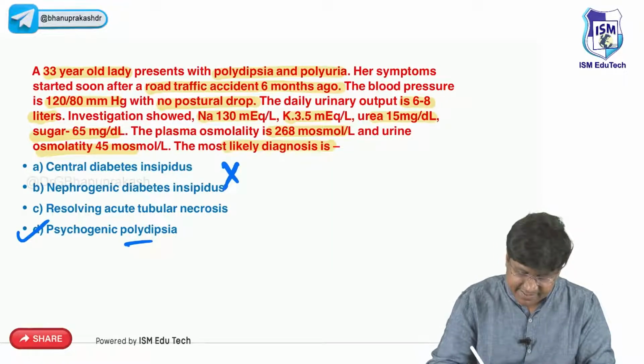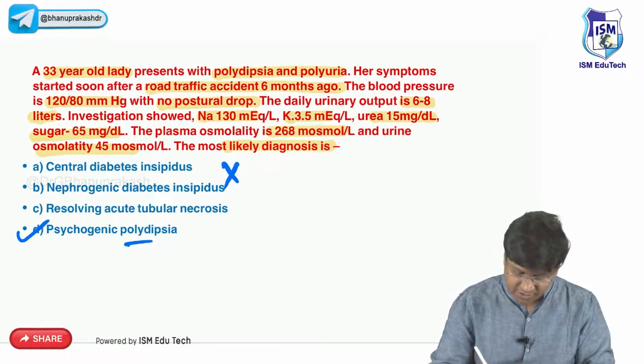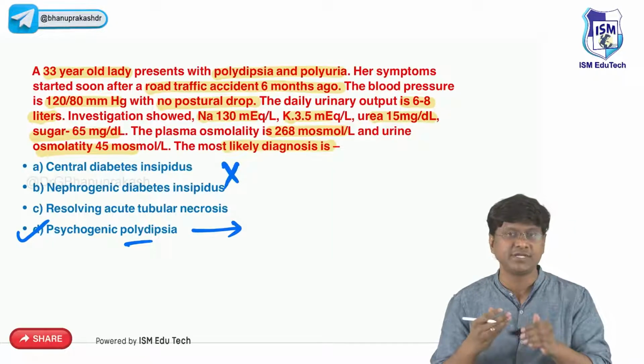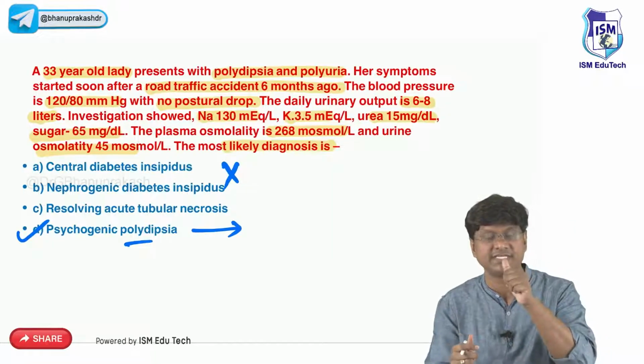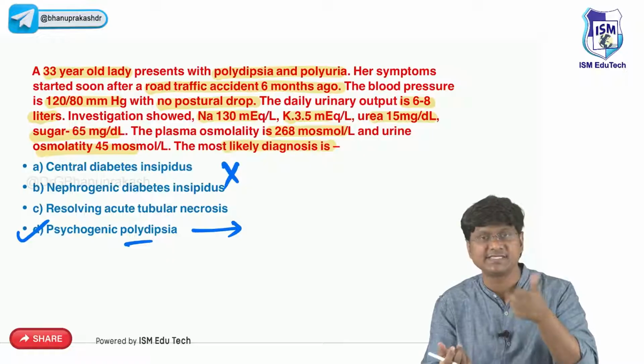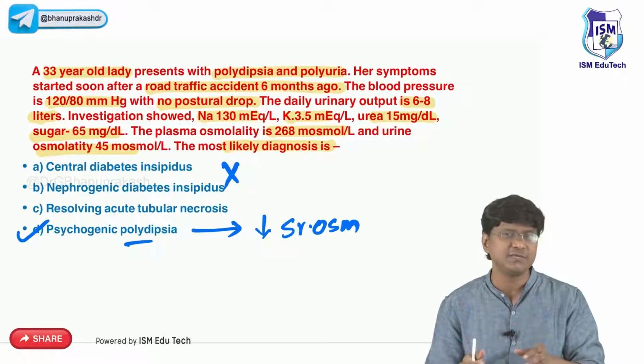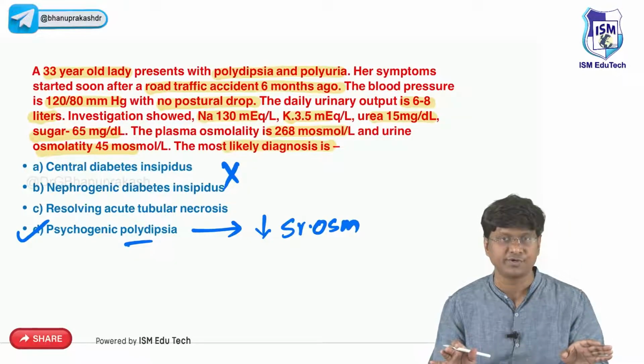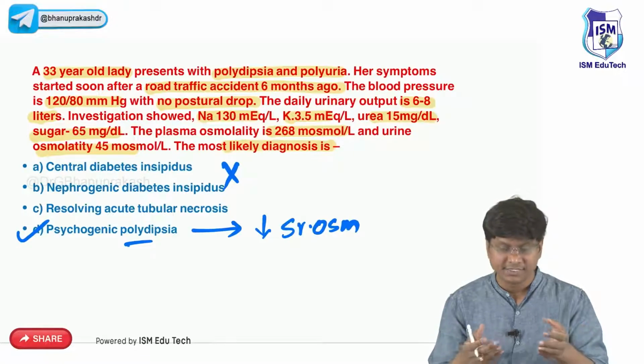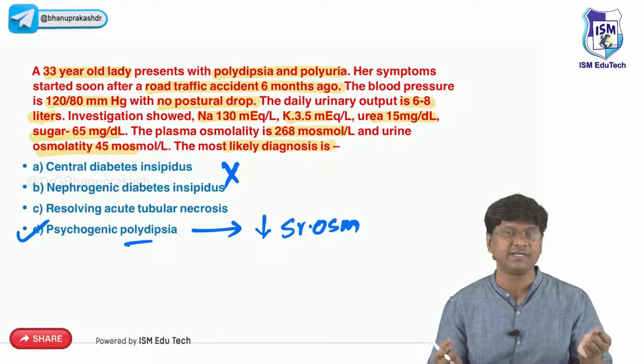It is not diabetes insipidus at all. Why? Because in psychogenic polydipsia, the individual has some psychological disorder due to which he or she consumes an excess amount of water. So what will happen to serum osmolality in patients with psychogenic polydipsia? It decreases. Once serum osmolality is decreased, ADH is not produced. Once ADH is not produced, water absorption at the level of the collecting duct does not occur.